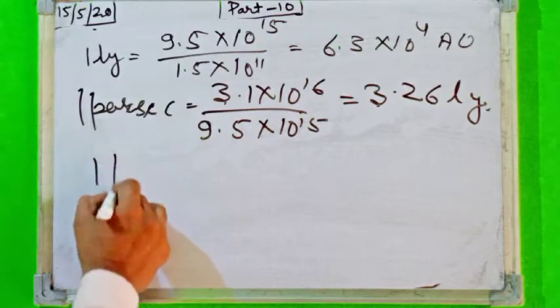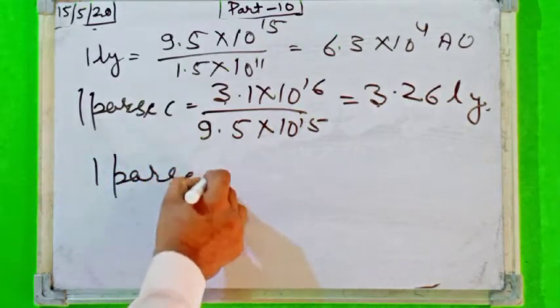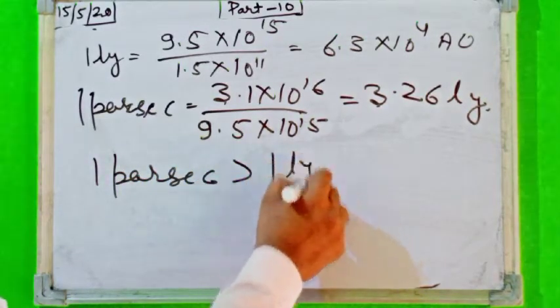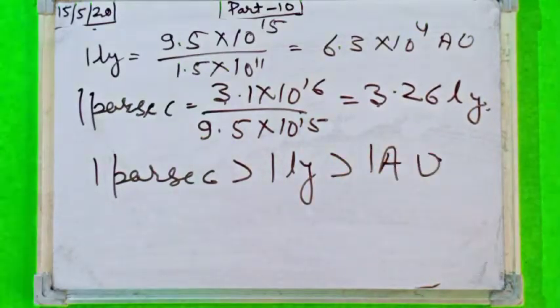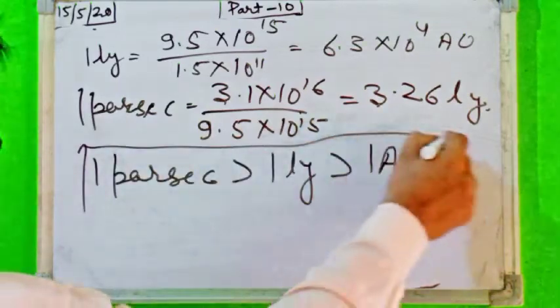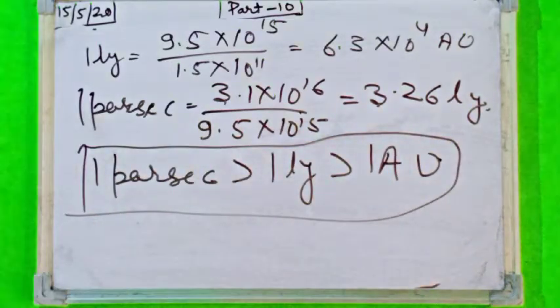So 1 parsec is greater than 1 light year, which is greater than 1 astronomical unit. This is the relation between parsec, light year and astronomical unit.